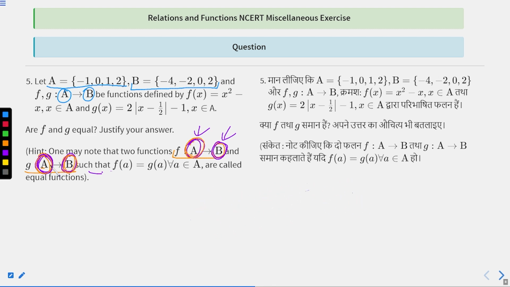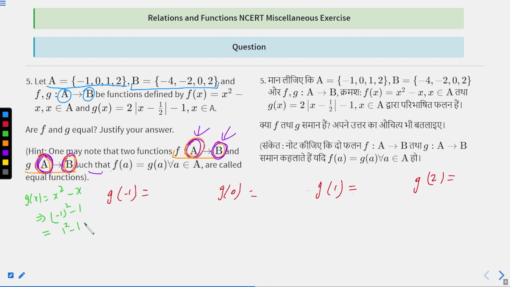First of all, let's find g(-1), g(0), g(1) and g(2). So g(-1) will be what? We know g(x) is equal to x square minus x. So g(-1) will be (-1) square minus (-1)... this will be 1 minus 1, 0.